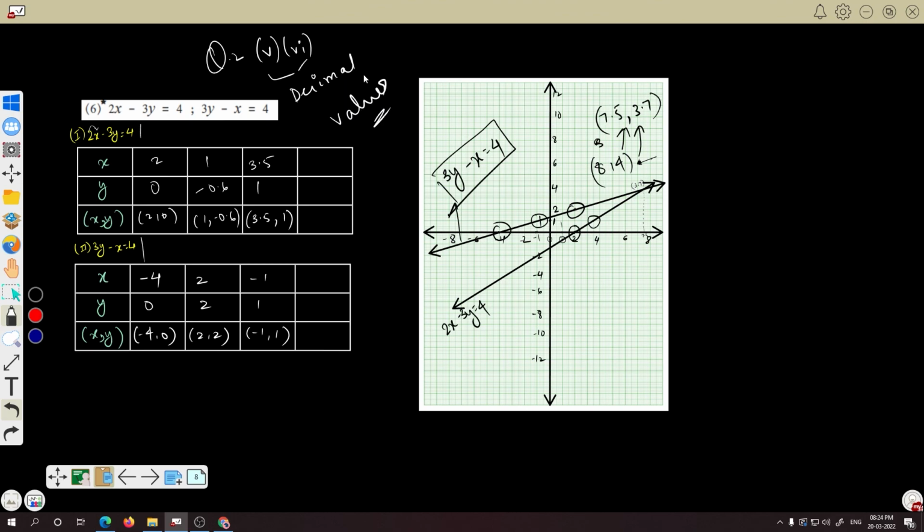Because of this there was some slight difference in my value. The coordinates of the point of intersection were different. I have given you the answer that is given in your book. So my suggestion is use a sharp pencil, plot the graph, and let me know if your answer is exactly the same as given in your book, and I hope that the answer will be correct. This was all about practice set 1.2.